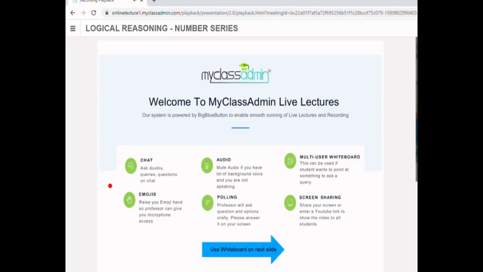In CA Foundation, it is 20 marks and it is included in your maths paper. Whereas in CS, it is in your part B and 25 marks. Certain topics are common, that is, they are there in Foundation and they are there in your CS also.